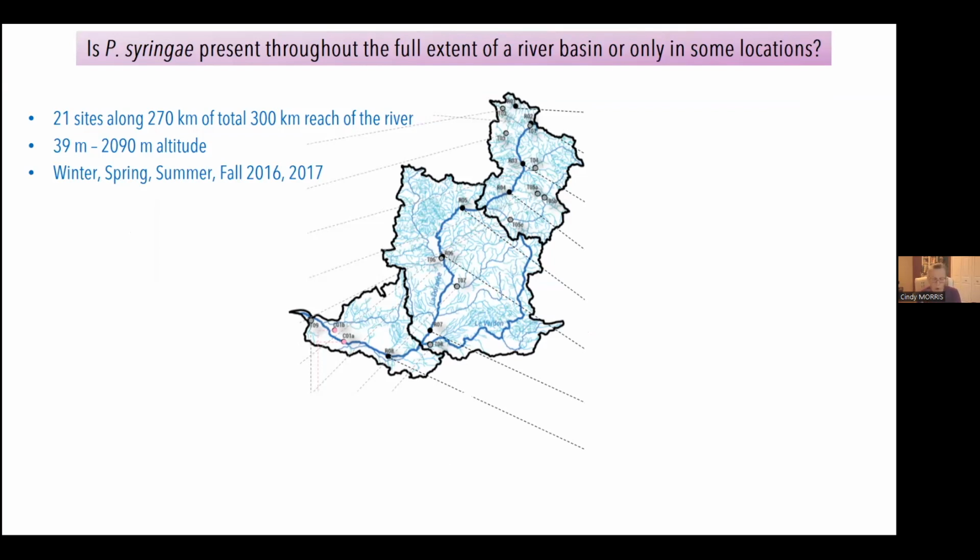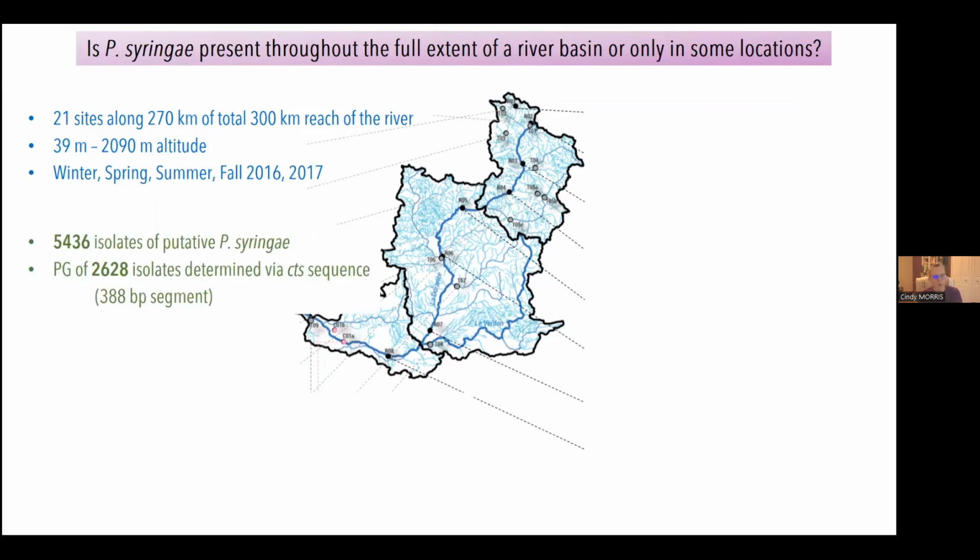We just took water and we were measuring the amount of Pseudomonas syringae, and then we checked its diversity. From that study, of course, we do direct isolation because we want to be able to do pathogenicity testing and other characterization. We isolated over 5,000 isolates of putative Pseudomonas syringae. Those were the ones that we were then going to check: are these Pseudomonas syringae?